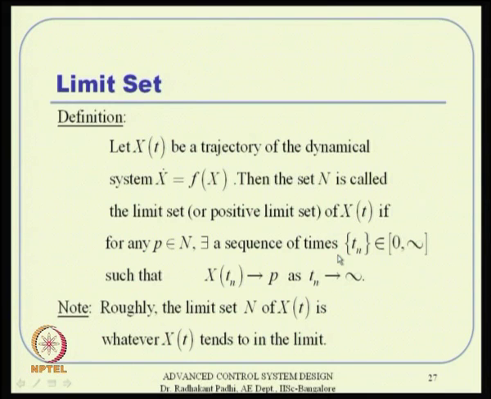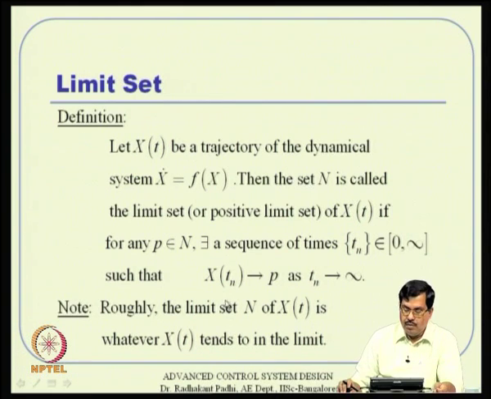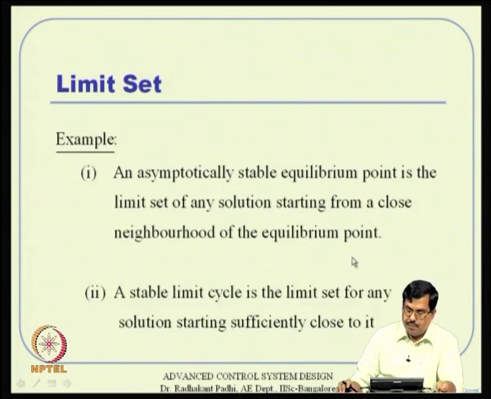Now, the limit set is the set that trajectories approach in the limit actually. It starts with something, but as t goes to infinity, all trajectories will go to that particular set. So, that particular thing is called a limit set actually. For example, an asymptotically stable equilibrium point is a limit set for any solution starting from a closed neighborhood of the equilibrium point.